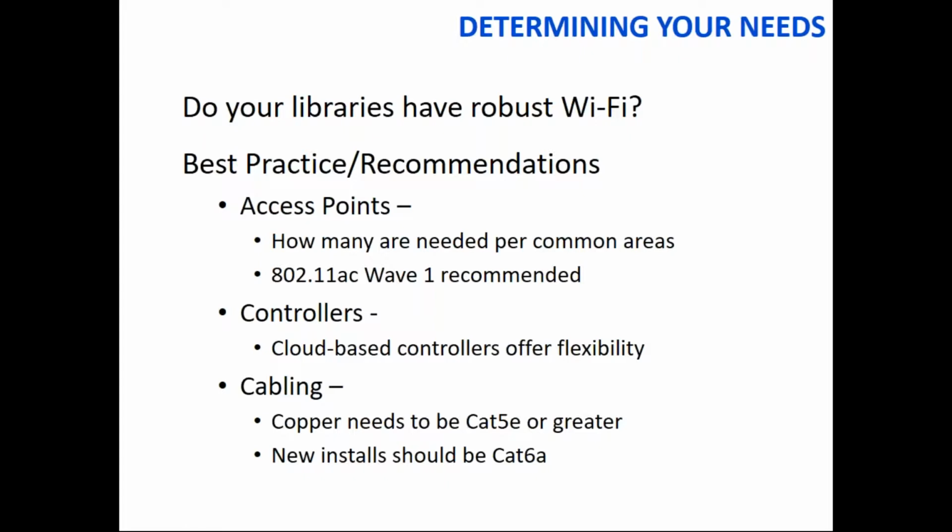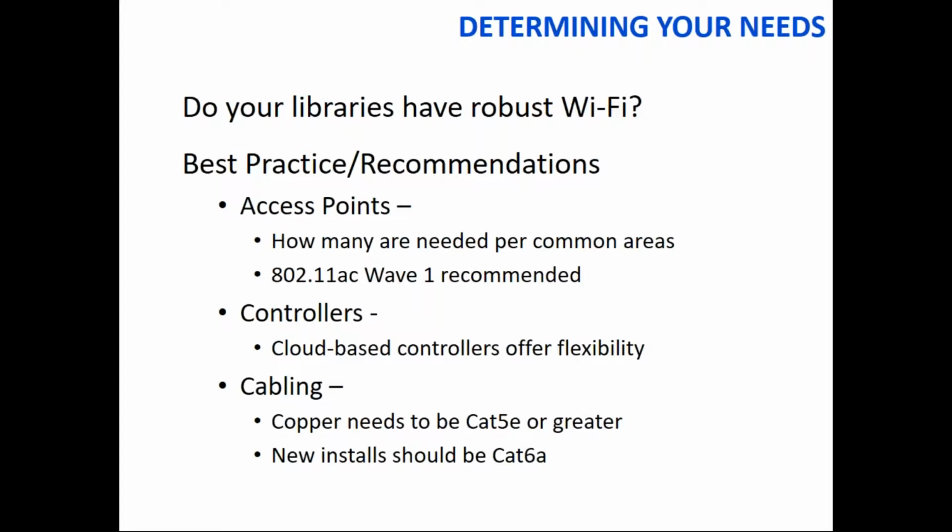What 802.11 standard are you using? Right now, the recommendation that would provide enough throughput at a reasonable cost is 802.11 AC Wave 1. Wave 2 would provide even more functionality, more bands, but again, is that going to be cost prohibitive?